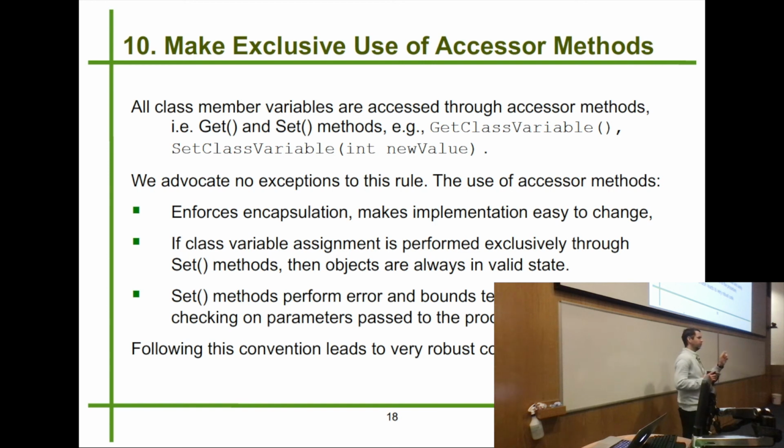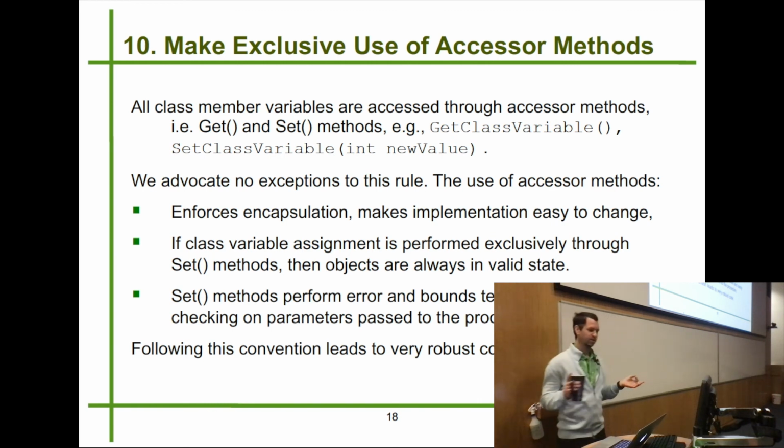For example, is the string length reasonable? Is somebody trying to set their username to a string that's 5,000 words long? You should be checking for that, right? Every string has a maximum length. Every string has a minimum length as well. If somebody tries to set their username to a string of length 0, that's not good either, right?